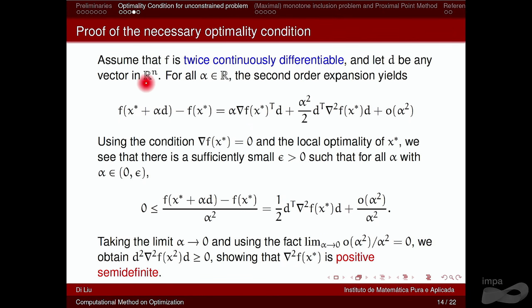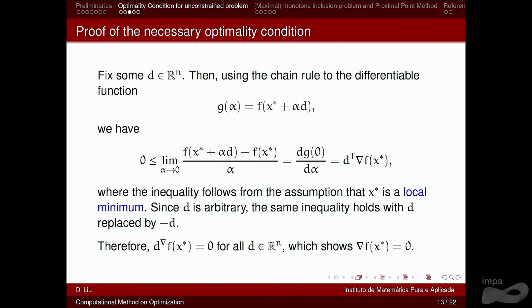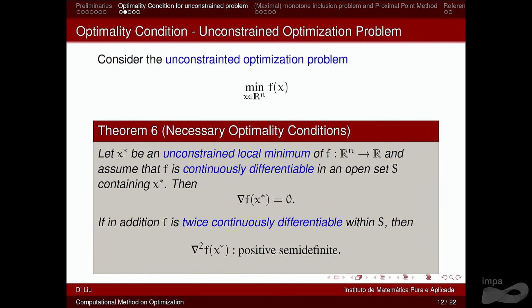This means the Hessian of f at point x star is positive semi-definite. So this is what we proved about the necessary optimality conditions: first, the first order condition is that the gradient equals 0, and second, the second order condition is that the Hessian is positive semi-definite.